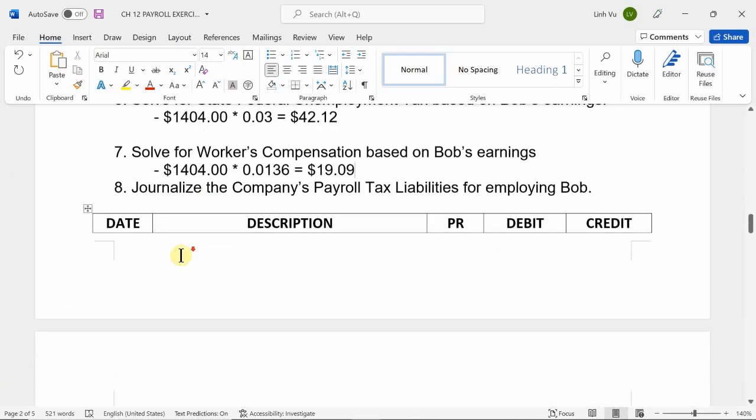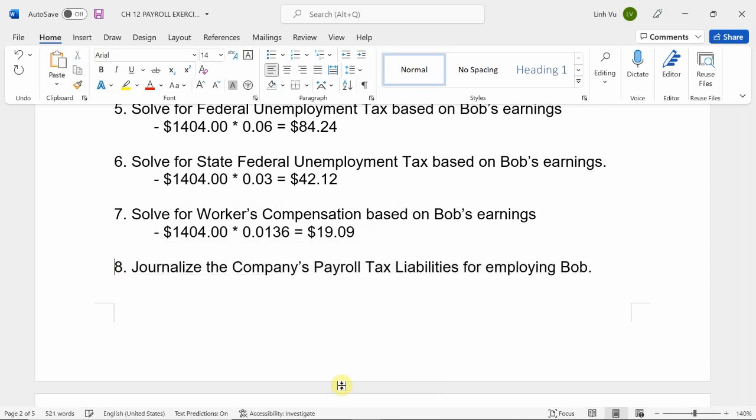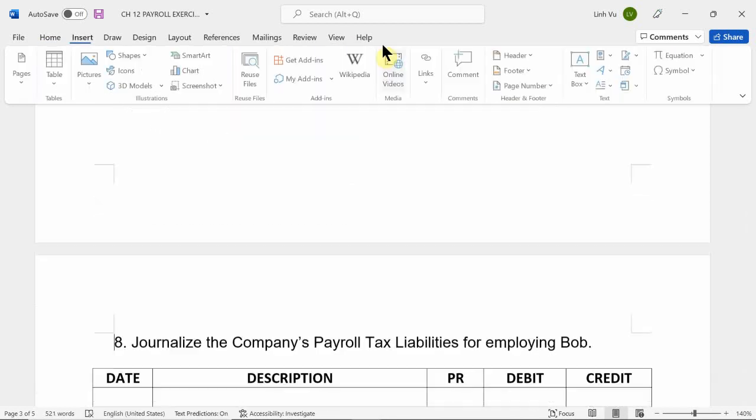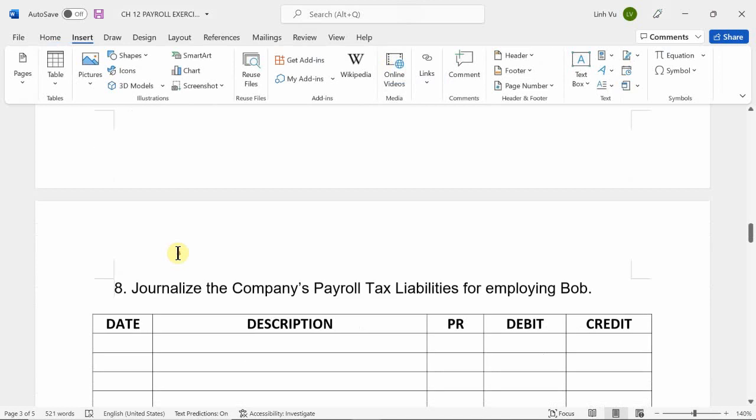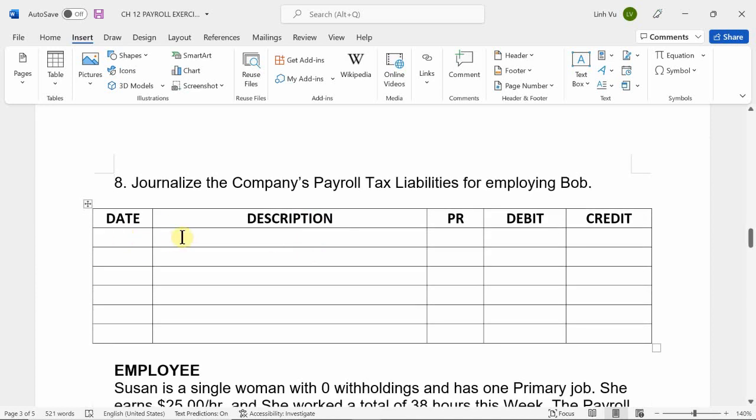Okay. So here, question number 8. Journalize the company's payroll tax liabilities for employing Bob. So what am I going to journalize here?